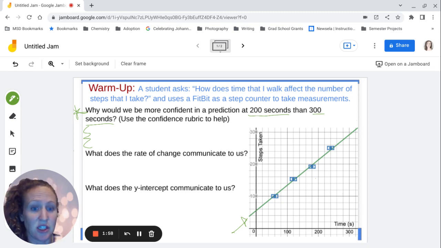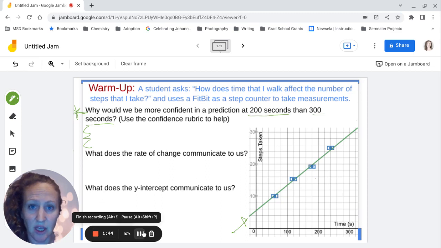Does changing the time always affect the steps you take the same? Or does changing the time affect the steps you take differently? So go ahead and pause the video and answer that question. Does time change and steps change always remain consistent or not?